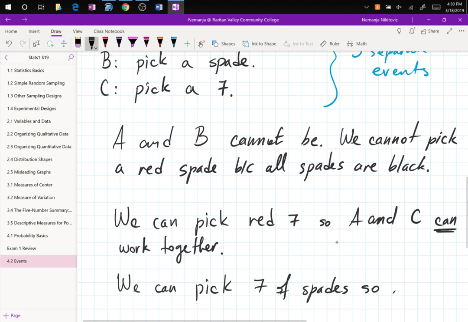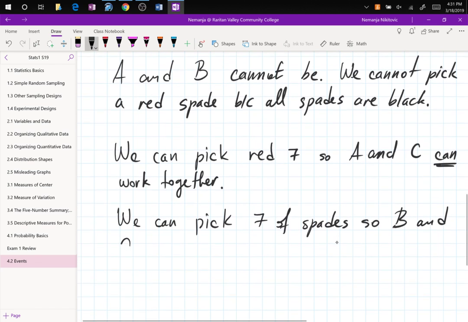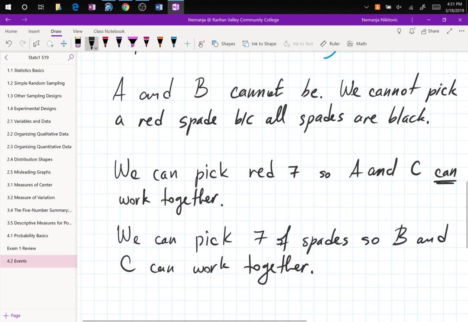So B and C can work together. So this is just something to think about. There are certain things that you can do and certain things that you cannot do.